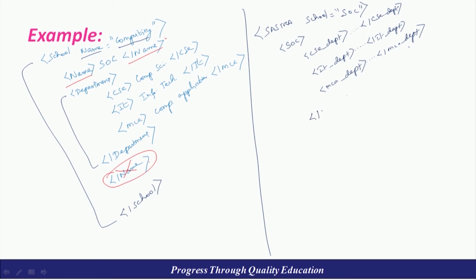I have not modified the actual context of the same XML document, because I have added the department as element along with CSE, IT and MCA, and I have closed this element properly. /Shastra.